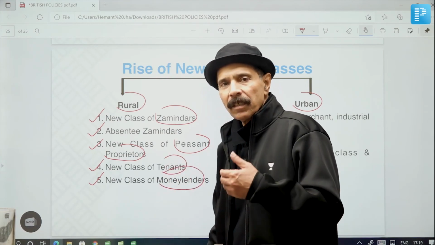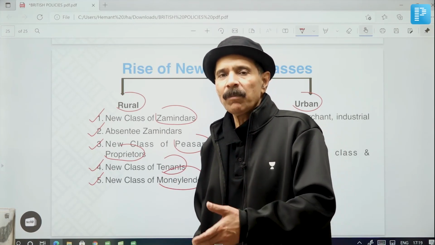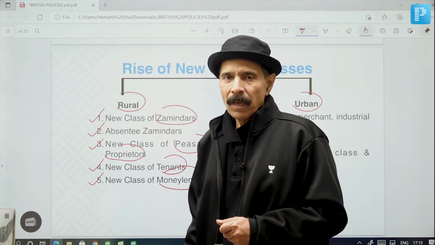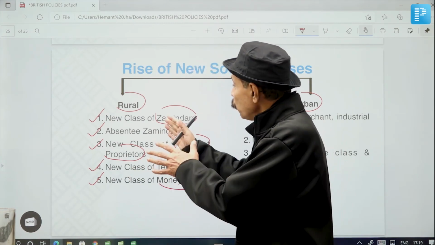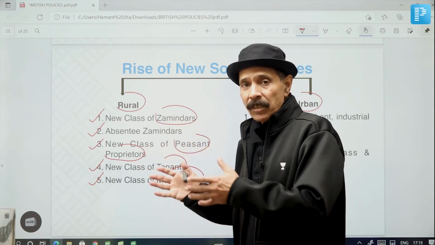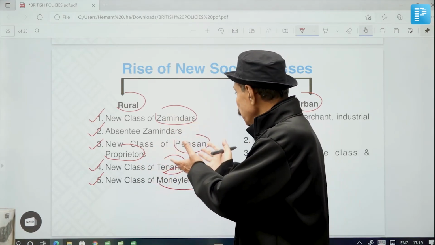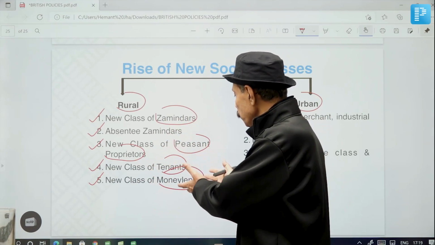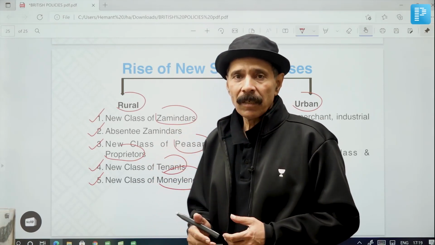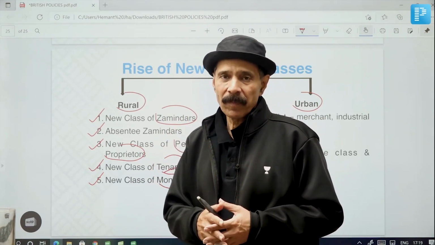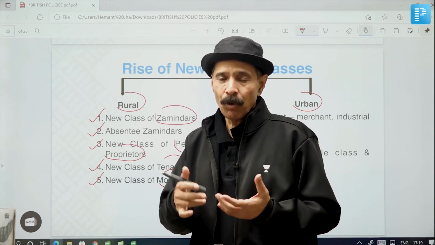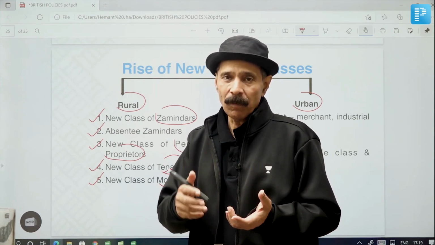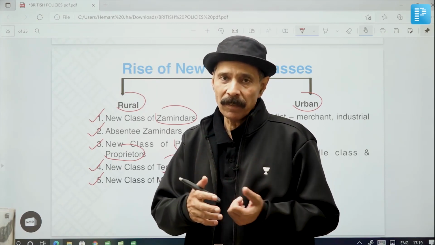They were in existence even before the British rule. But I have mentioned here, new class. These zamindars, peasant proprietors, tenants, moneylenders were a different class. Their status, form, function were completely modified.